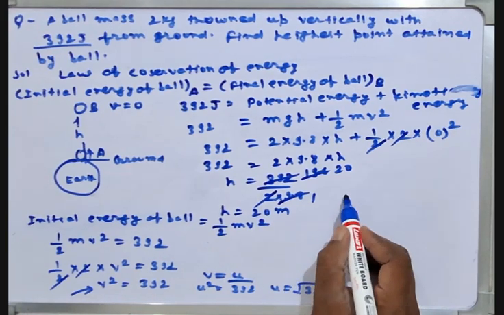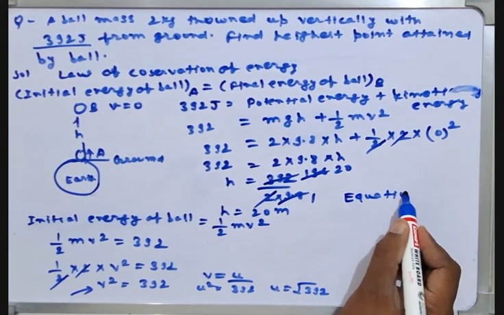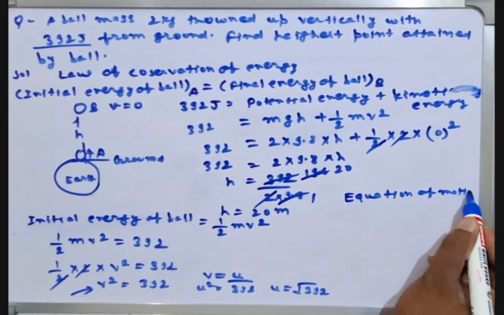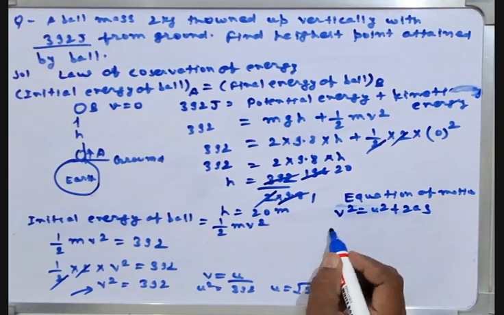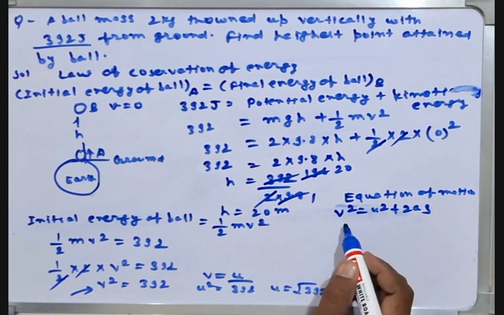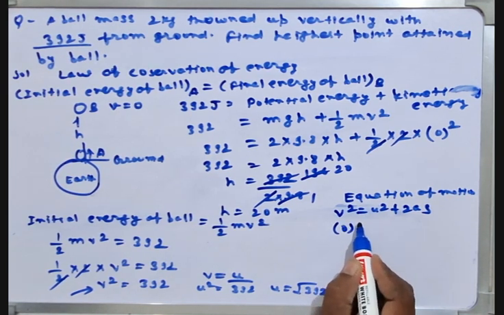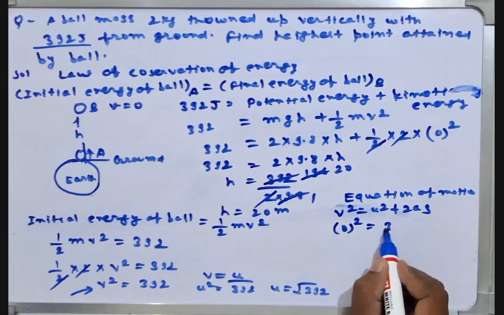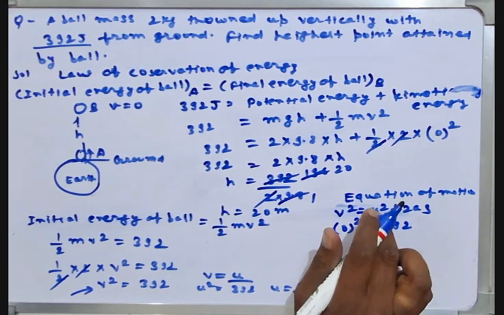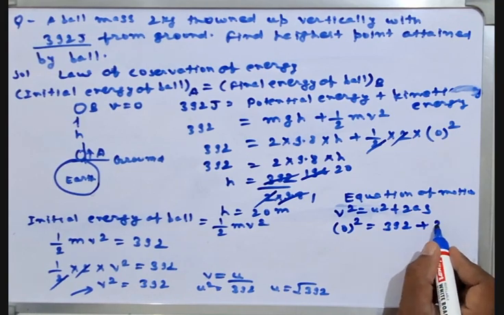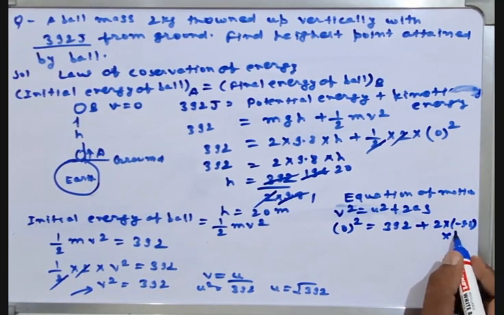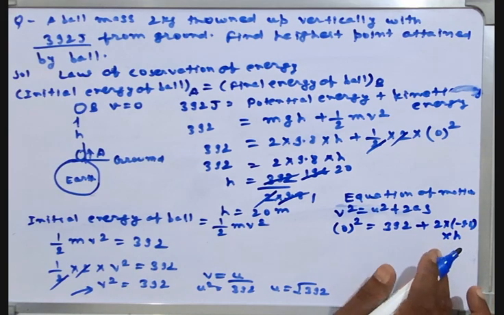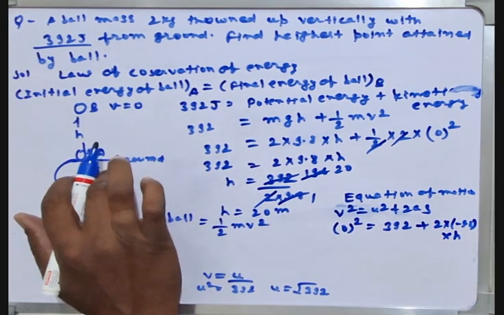Now if we apply the equation of motion, v square equals u square plus 2as, where v is the final velocity of the ball, which is 0 at the highest point, so 0 whole square, and u square is now 392, the initial velocity, plus 2 into minus 9.8 into s, where s is h, the highest point distance from the ground surface.